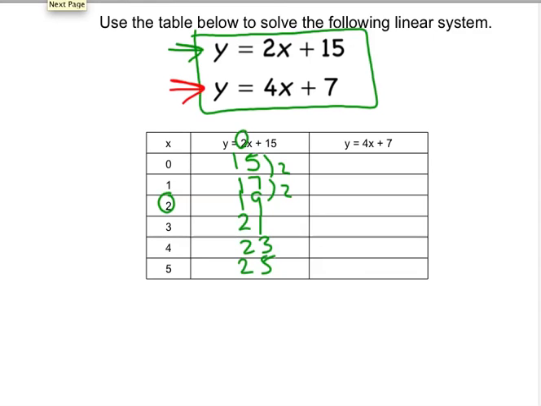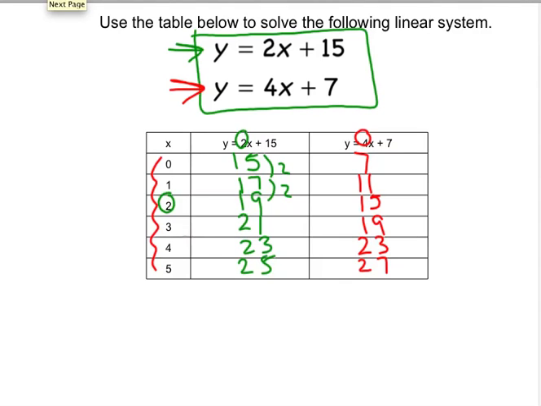Now let's just look at the second equation. If I plug in 0 for x, I get 4 times 0 plus 7, which gives me 7. Instead of figuring out the rest of these, since I'm counting by ones, let's just use the same pattern as before. But now instead of adding 2 each time, my slope is 4, so I can add 4. So I get 11, 15, 19, 23, and 27. Now in red, these are all the points that solve the second equation.